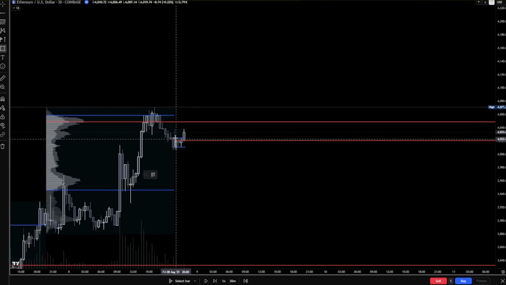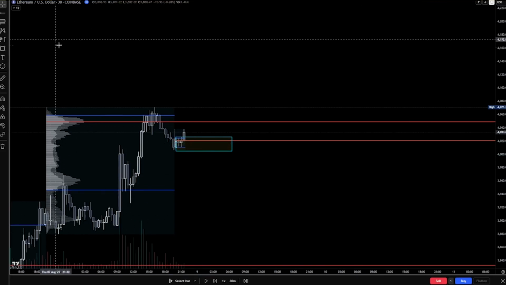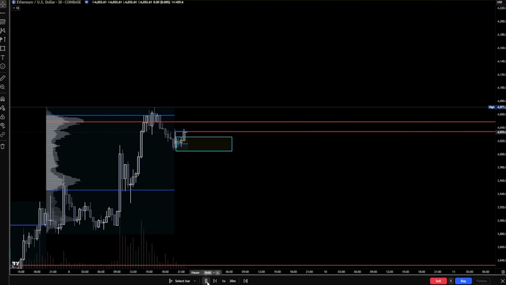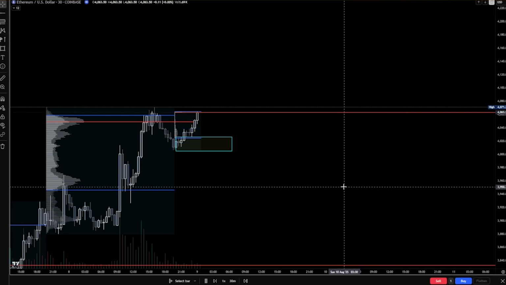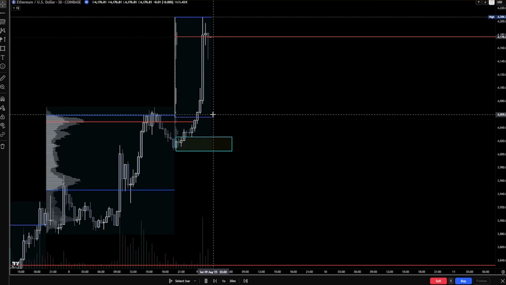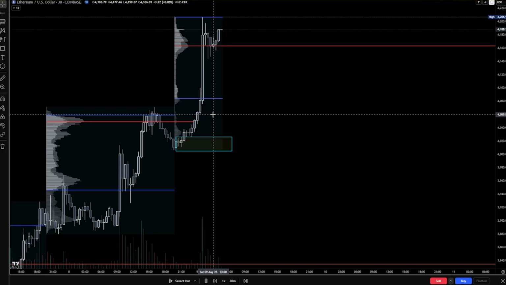So let's say that's your initial balance. Price just moved outside of the value area, the previous day value area.